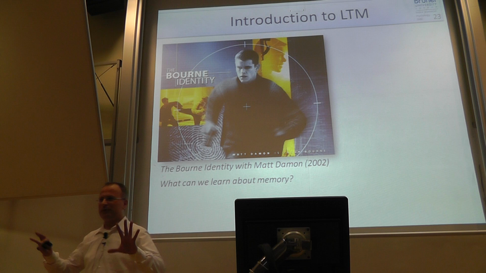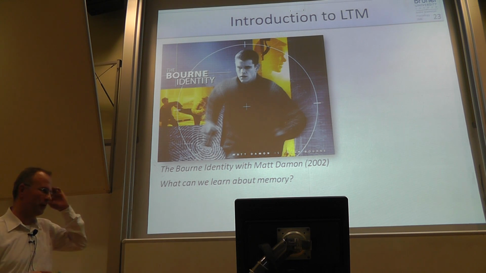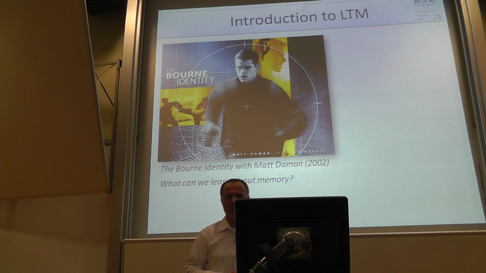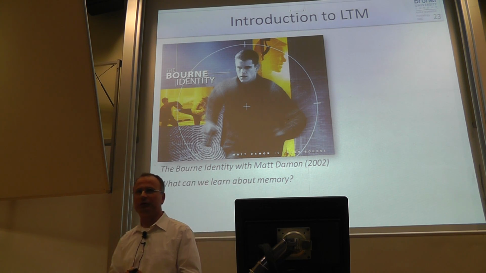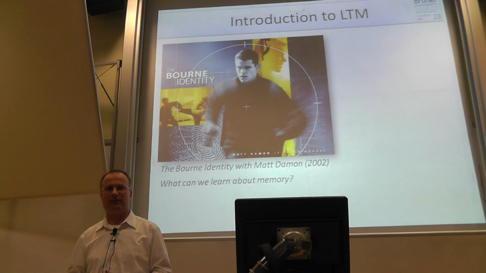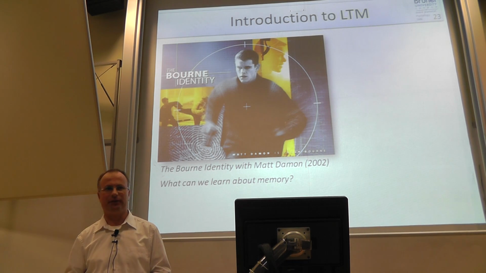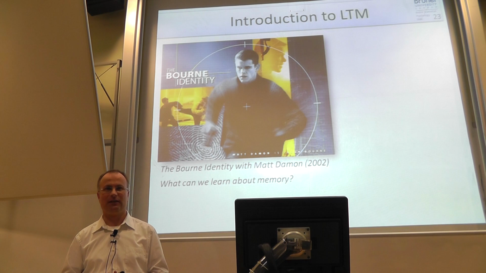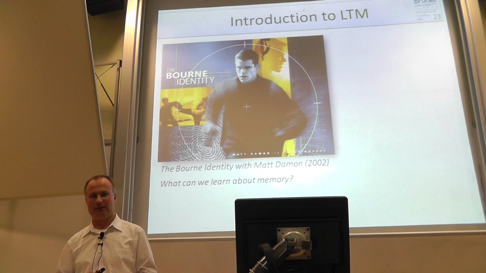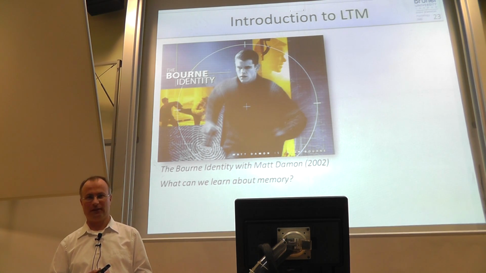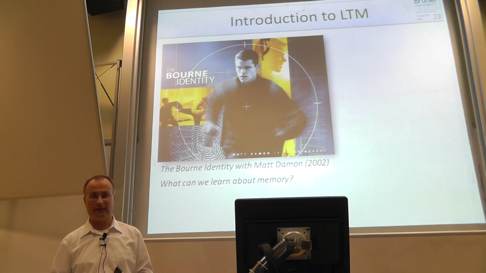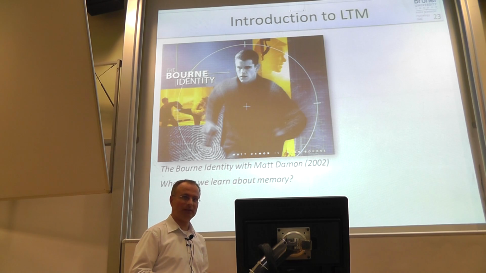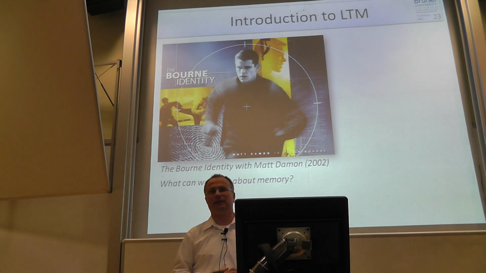So, from that snippet, probably most of you know that movie. What can we learn about memory, in particular long-term memory? They even touched upon that in the description. Yes.